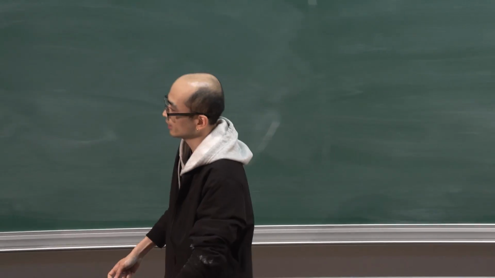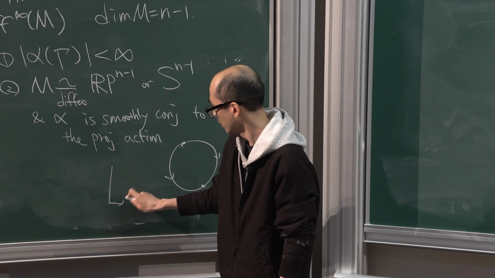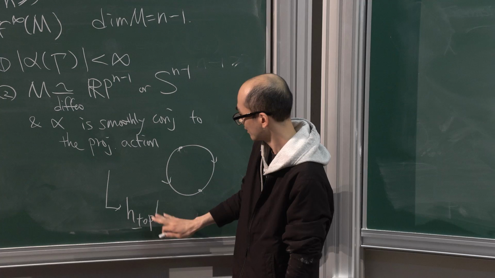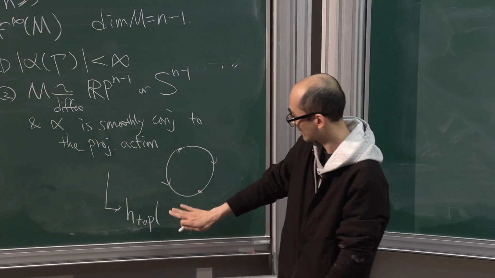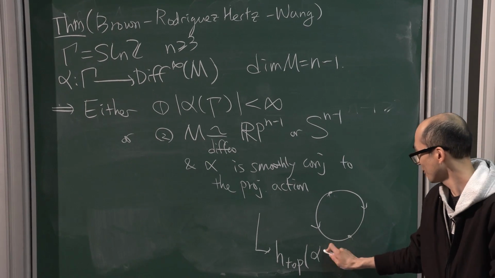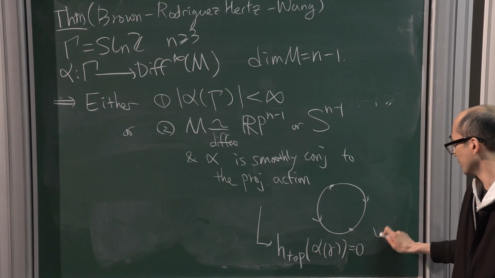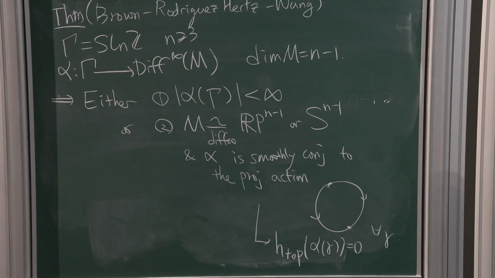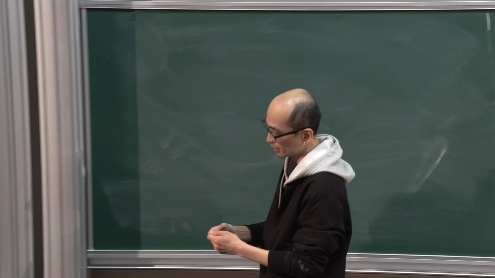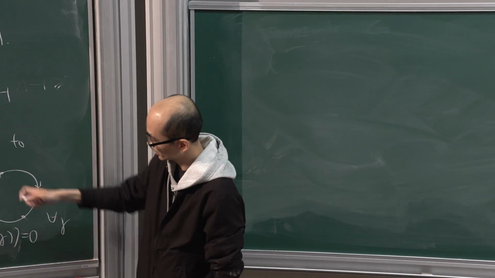So that means in terms of the entropy, I will not define entropy, but I think you already saw the entropy in Barbara's mini course, so I can use it. The entropy of gamma is 0 for every gamma. And for me, what zero entropy means is that your past determines the future.